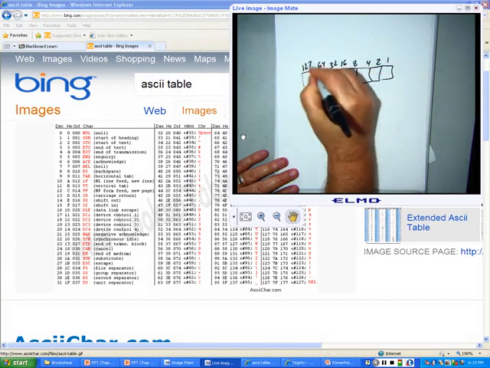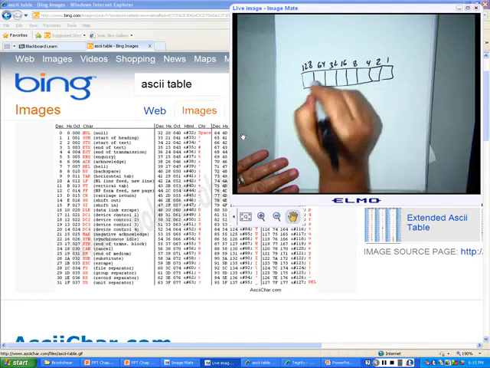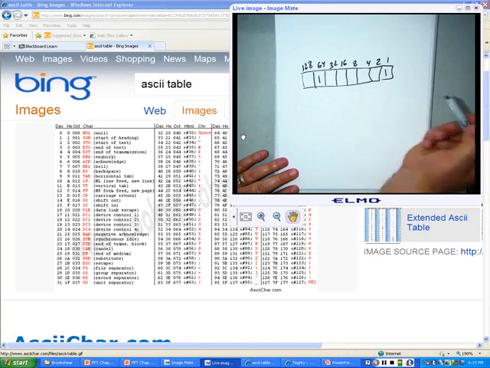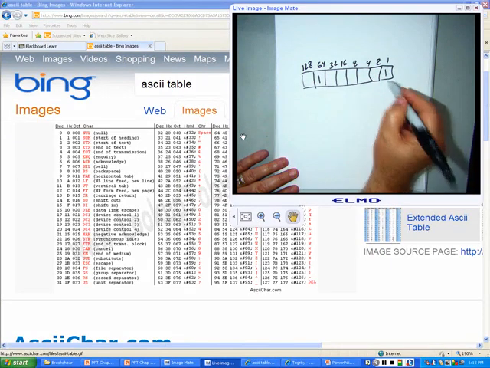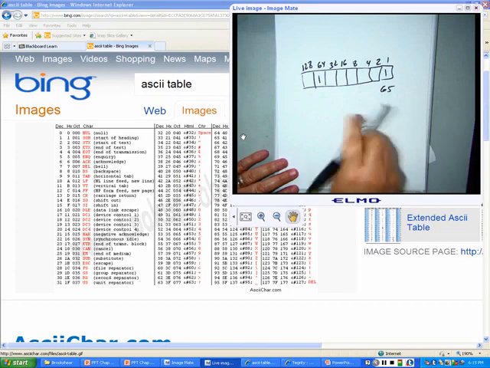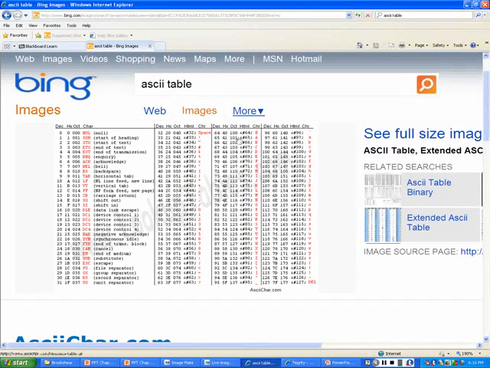Now I want to create 65. How do I make 65? 64 plus 1, right? Everything else is going to be 0. The 1 here and the 1 there give me 65, right? 65 was what? 65 was A, capital A.